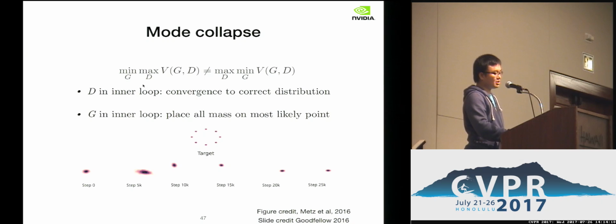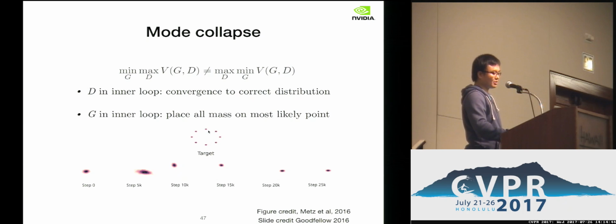If D, the discriminator, is in the inner loop, we actually want to converge to the correct distribution. But if G is in the inner loop, we try to generate samples that are very likely. So these two objectives do not necessarily align with each other.